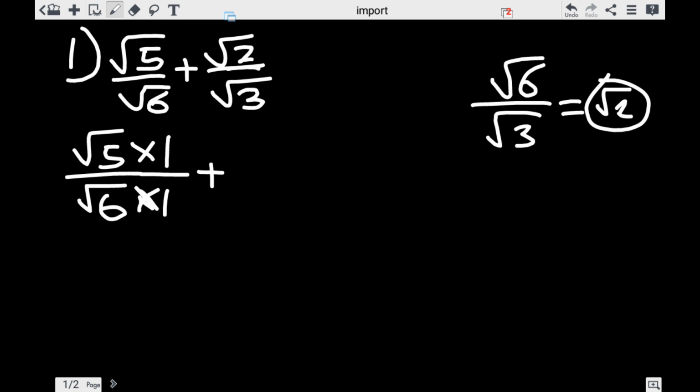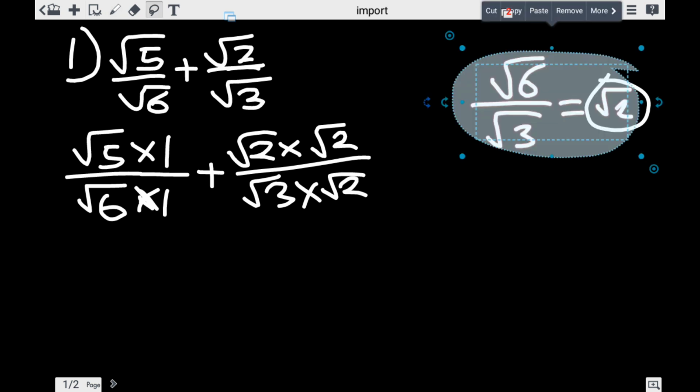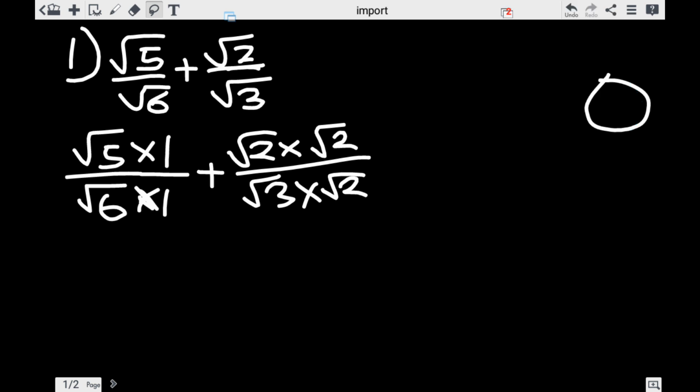This quotient, root 2, is multiplied by the second fraction. So you should get root 2 times root 2 over root 3, the denominator here, times your quotient, root 2. At this point, we can clear off what you see over here.